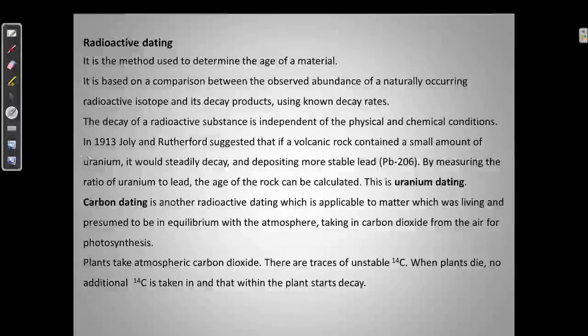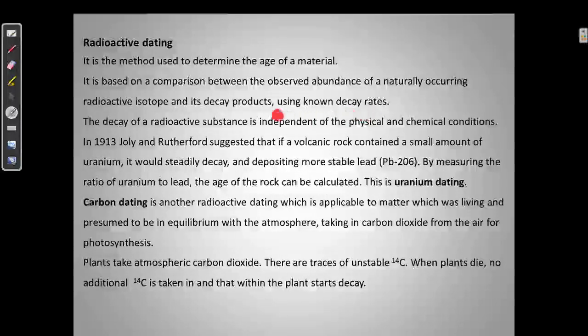After decaying, the final stable product is lead. There may be a large quantity of uranium initially, and as time passes the quantity of uranium decreases, so you will get more stable lead. So by measuring the ratio of uranium to lead, the age of the rock can be calculated.